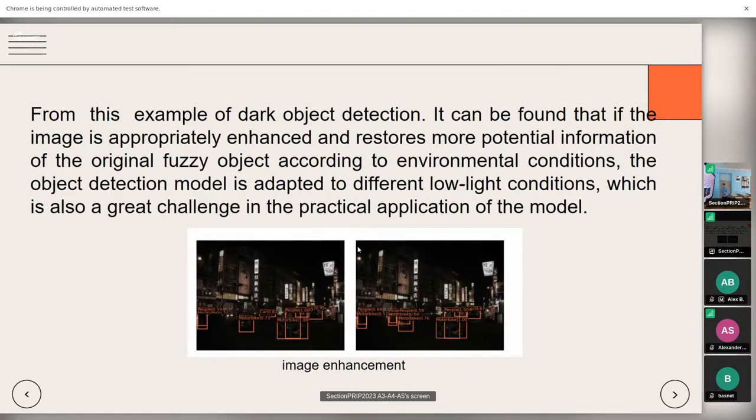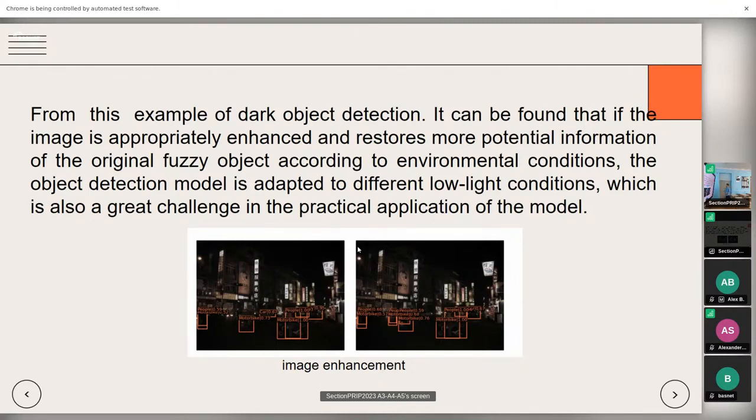So I do experiments. Let's imagine this is the original image, and then I try image enhancement, like photo outlines exposure.